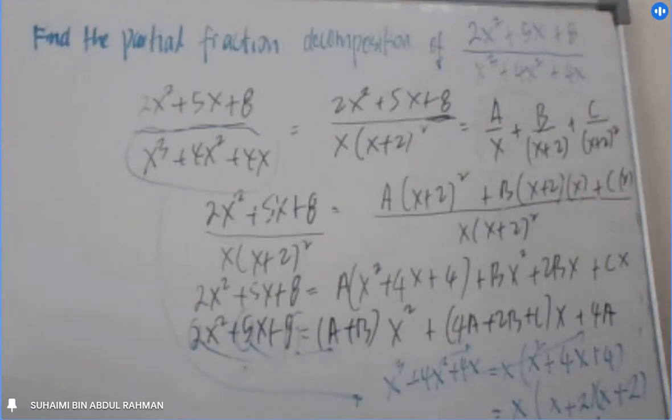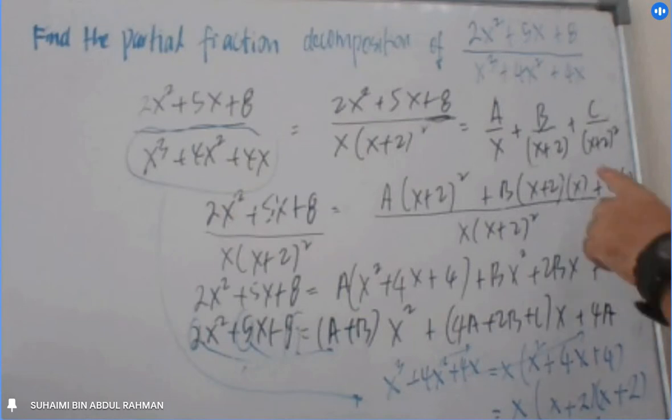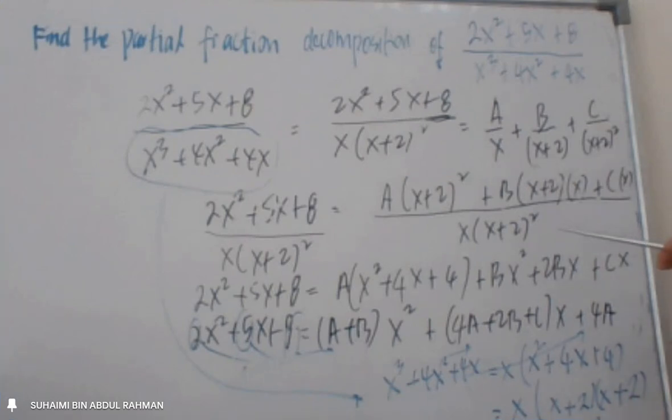B must be multiplied by what in order to get x plus 2 squared? We already have x plus 2, so x plus 2 must be multiplied by x plus 2 times x. That's why B is multiplied by x times x plus 2.